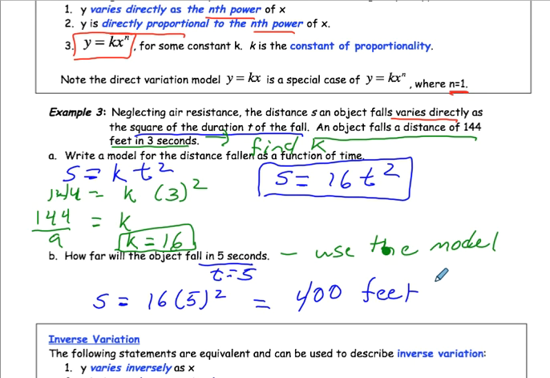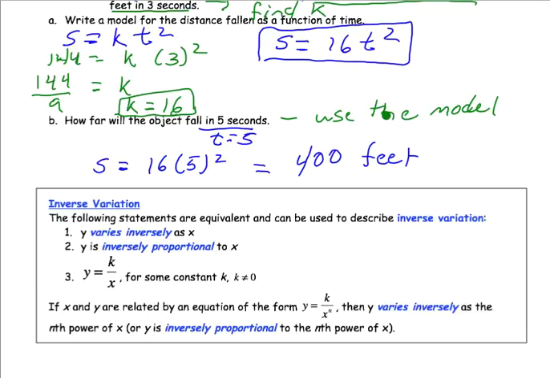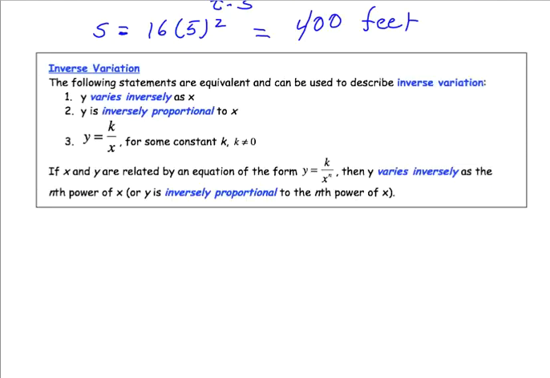Okay, the next model that we're going to talk about is inverse variation. We just did direct variation. Now we're going to talk about inverse variation. The following statements are equivalent for inverse variation. Just like we had for direct variation, we have different ways to represent inverse variation.